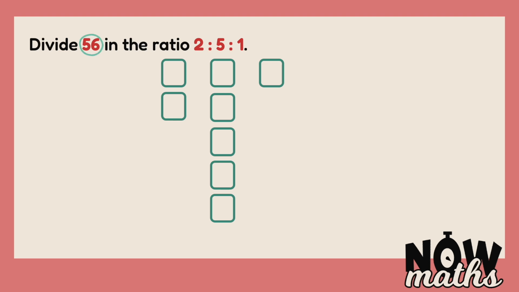Now we need to work out how to divide 56 into all of these parts, and altogether there are 8 parts of ratio. So we're going to do 56 divided by 8, which gives us 7. This tells us that each part of the ratio is worth 7, so we're going to write the number 7 into each of the boxes that we just drew.